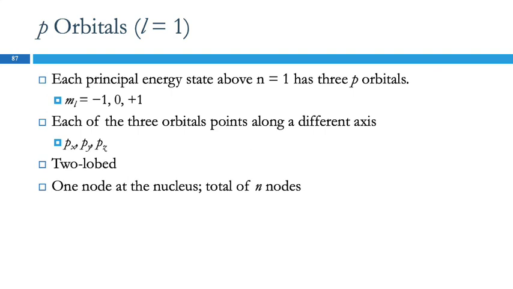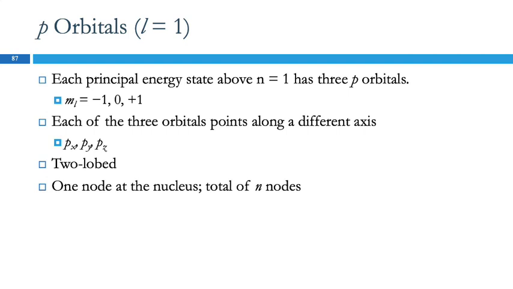When you get above level 1 to level 2, we can have an L value of 0 or 1. So now we can have the s orbital and p orbitals. And with p, you get m sub L possibilities of 3, so there's 3 p orbitals, unlike the s where there's just 1.